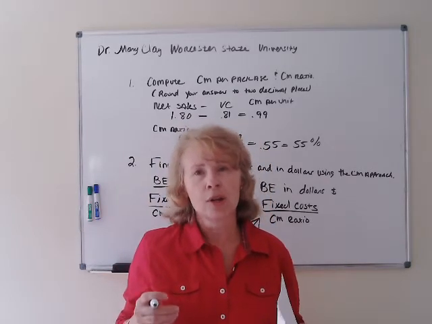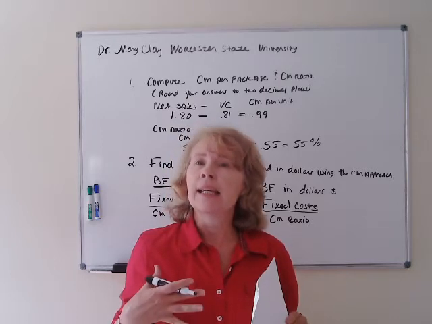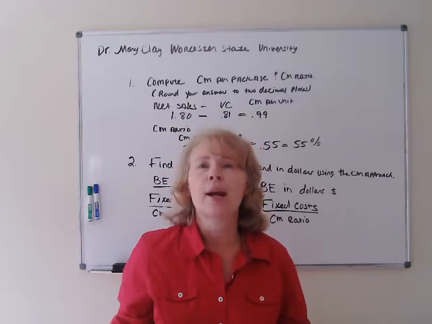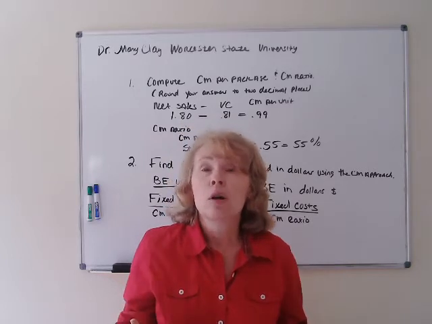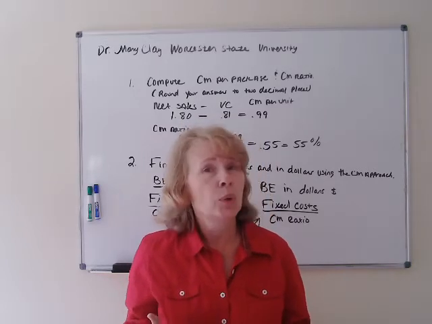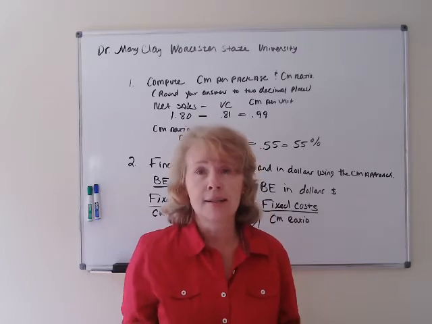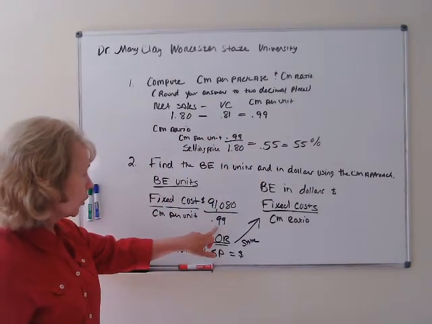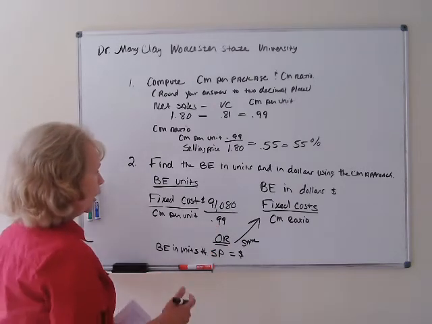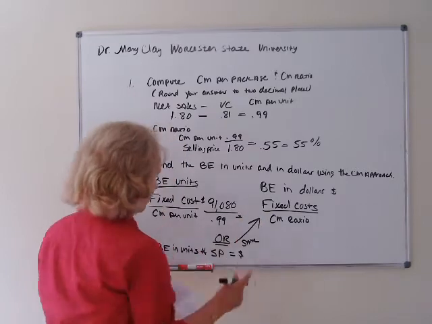Is the question asking you for break-even in units or break-even in sales dollars? Pay close attention because you will mix it up if you're not careful. For break-even in units, you're going to use the contribution margin per unit. So you divide that out.